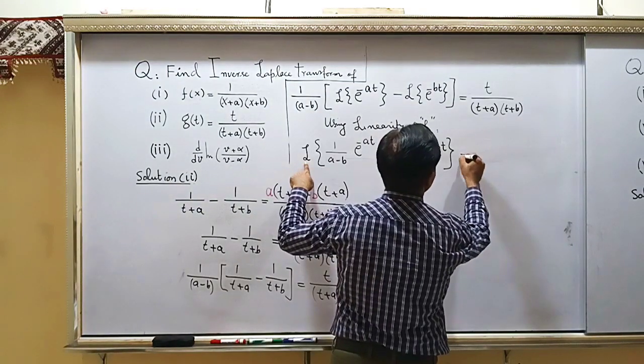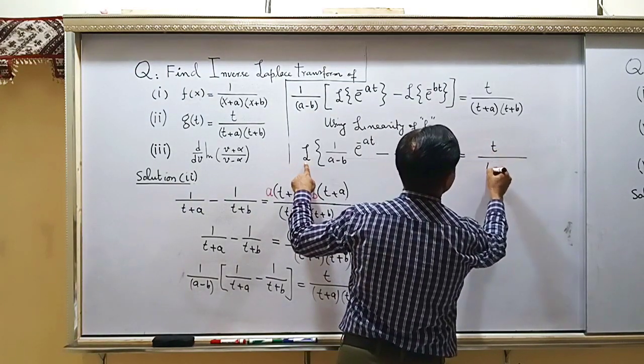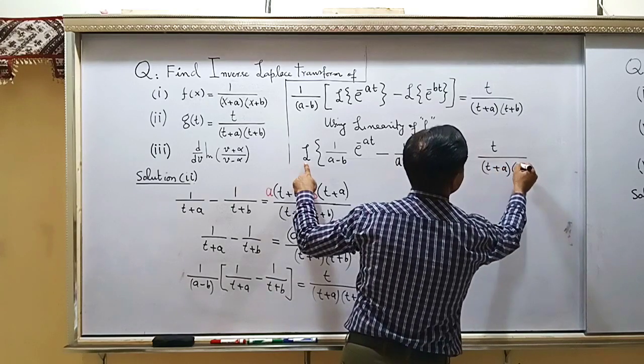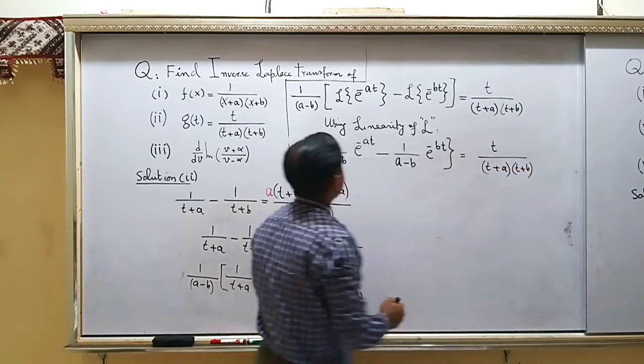And the right hand side is the same again, t over t plus a and t plus b.